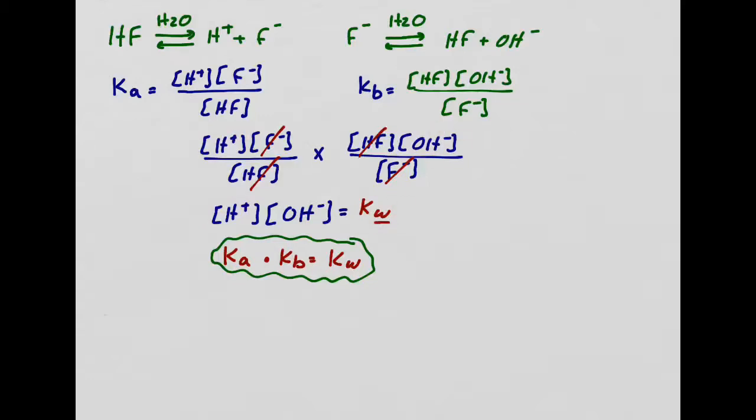So here is the relationship between Ka and Kb: Ka times Kb equals Kw. If you have one of these, you can figure out the other, because Kw is a constant, 1.00 times 10 to the minus 14. That's not bad, right? I want you to highlight this and make sure you understand it pretty well. So far so good?